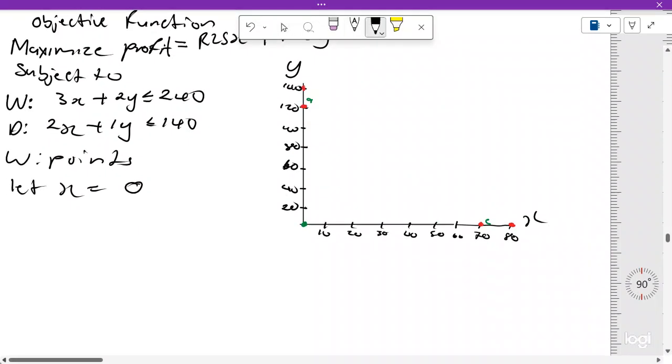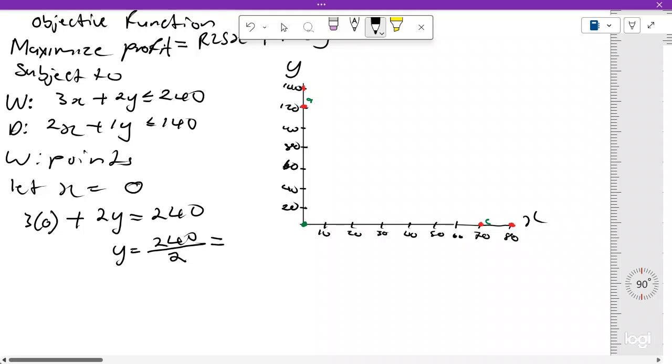Then it's going to be 3 multiplied by 0, plus 2y equals 240. You see that? So now this is gone. Again, we are left with these 2. Then obviously, you divide both sides by 2, and you'll be left with 240 over 2, and my value is 120. Okay.